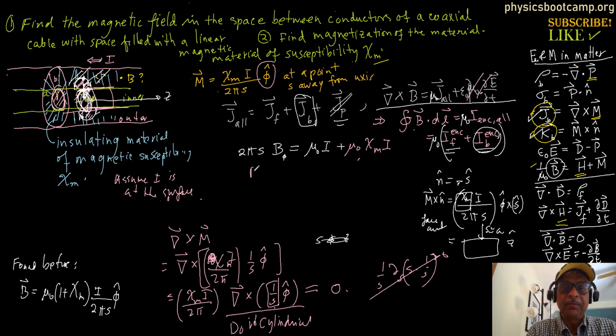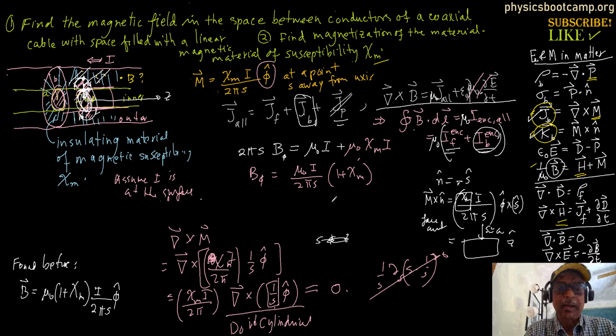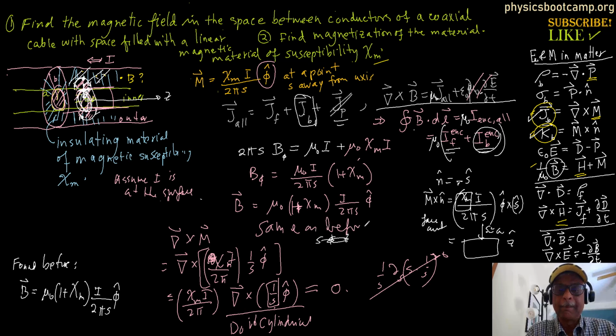Let me erase this so that I can write it clean. So B phi is mu naught I over 2 pi s times 1 plus chi m, and this is the phi component, so B is mu naught times 1 plus chi m, I over 2 pi s phi hat. This is the same as before, right?